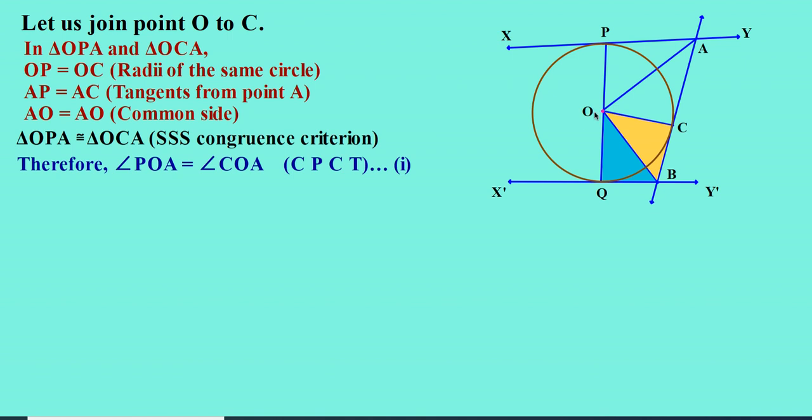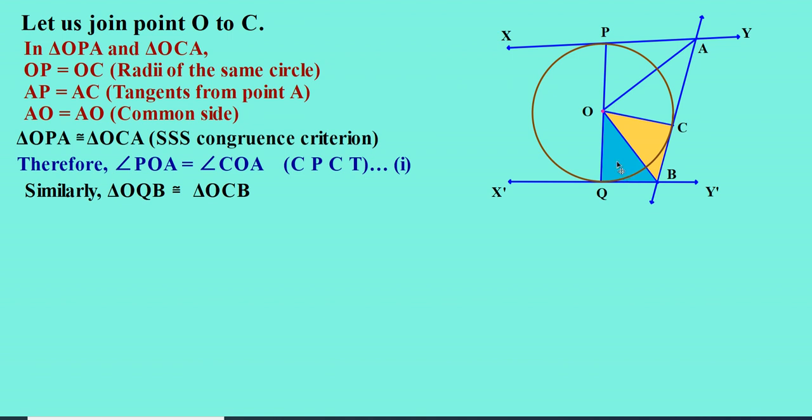Now, what about triangle OQB and OCB? The same way you can prove these two triangles are also congruent, because OC is equal to OQ, radii, BQ is equal to BC, tangents from point B, OB is equal to OB, common. Since the same steps are followed, we can write similarly triangle OQB is congruent to triangle OCB.